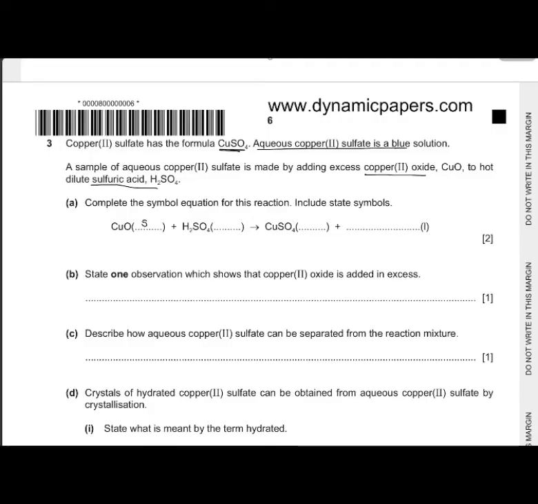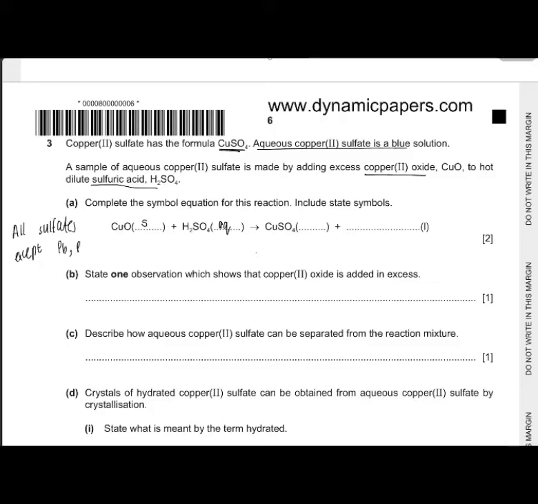Acids are aqueous. That means we don't say liquid, because liquids are just the melted form of a solid. Aqueous means dissolved in water. CuSO4, copper sulfate, is dissolved in water because all sulfates except lead, barium and calcium are soluble in water.